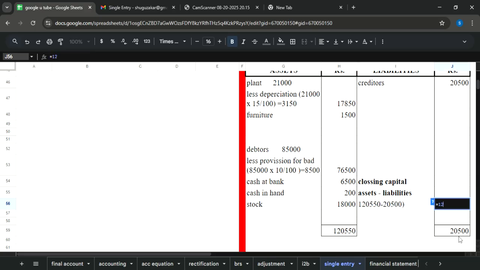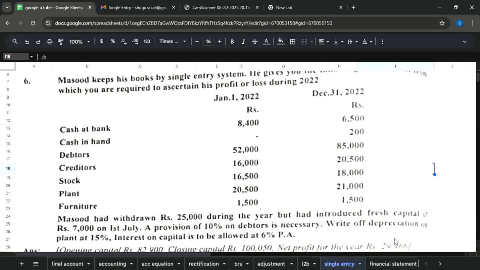Once again I'm telling you, 120,550 total of assets minus 20,500. This is your total of capital. You have calculated 100,050. Let's check the answer.